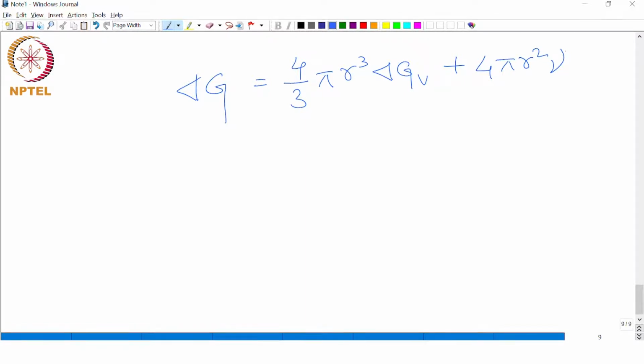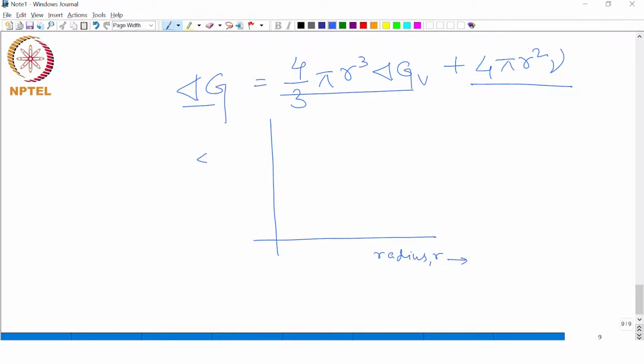And these two components of delta G, that means this one and this, can also be represented graphically, where you plot it in terms of the size or the radius. This is delta G positive and this is negative.